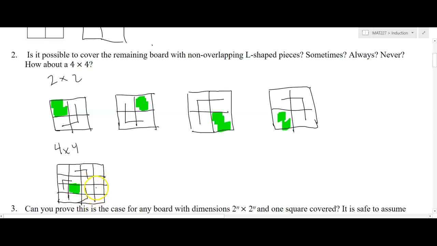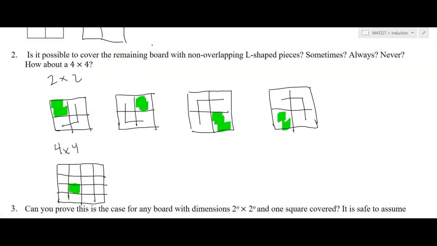But I see I've gotten myself into a little bit of trouble because now I still need to cover up this square and this square and several more, but I can't do it with L-shaped pieces anymore because I can't move the individual squares. It has to be in that L-shaped piece. So unfortunately, I'm not going to be able to do these 4 squares or these 2 squares.